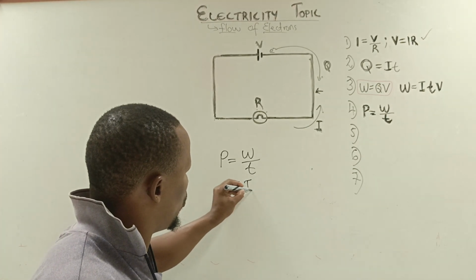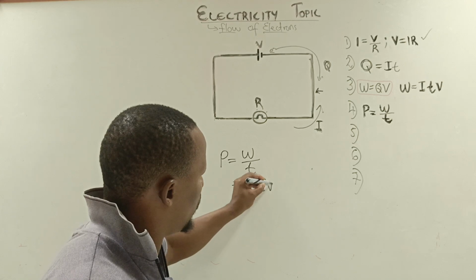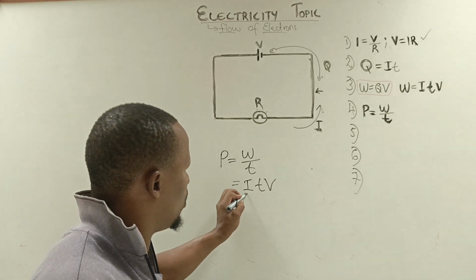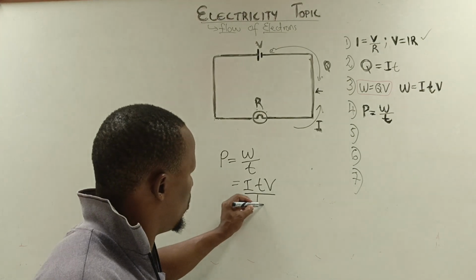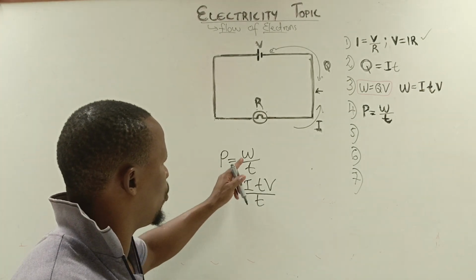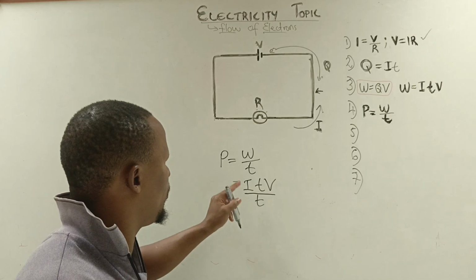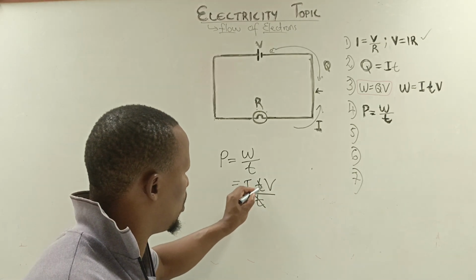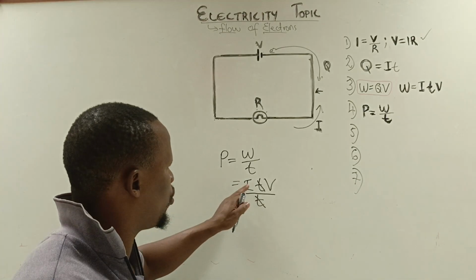Work done is equal to ITV divided by T. So power equals ITV divided by T. You cancel the T. Power equals IV.